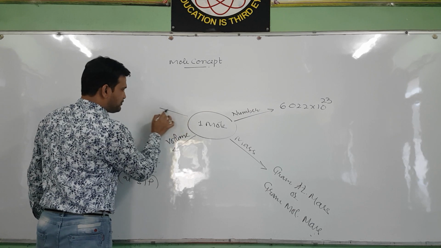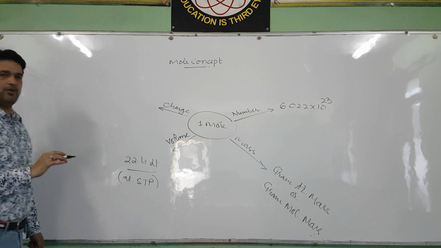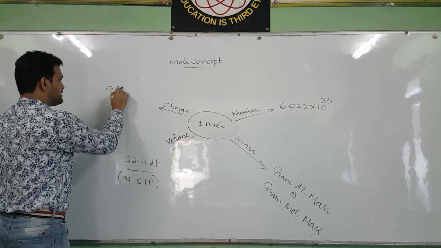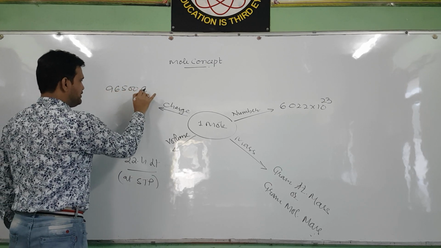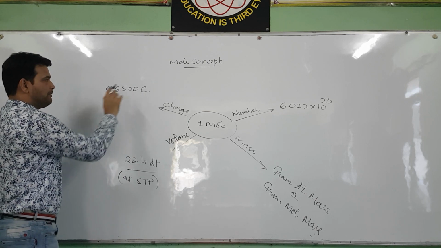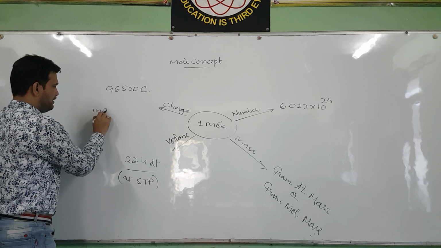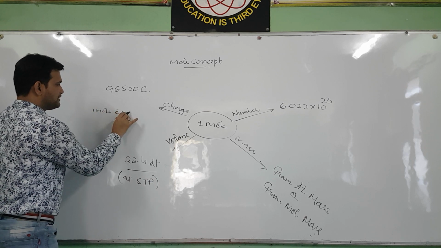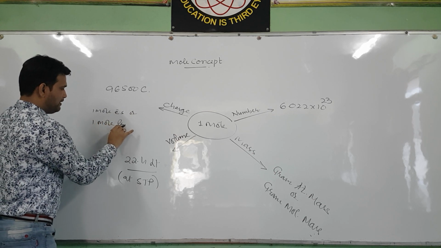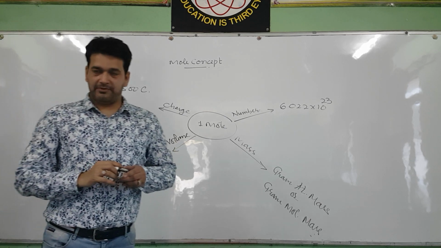And if we want to express mole in terms of charge, it will be 96500 coulomb. Whenever 96500 coulomb charge is there, it means there is 1 mole of electrons or 1 mole of protons. So this is the mole concept.